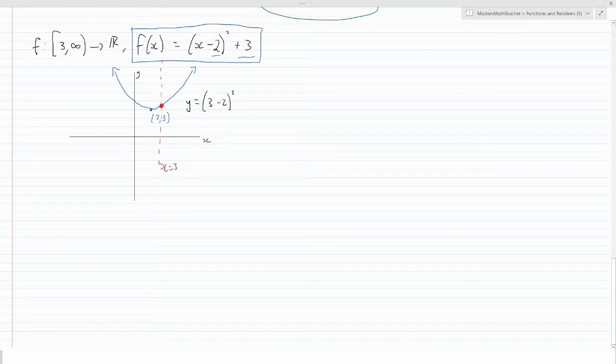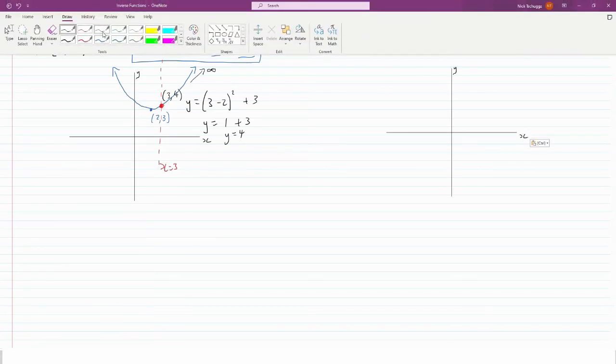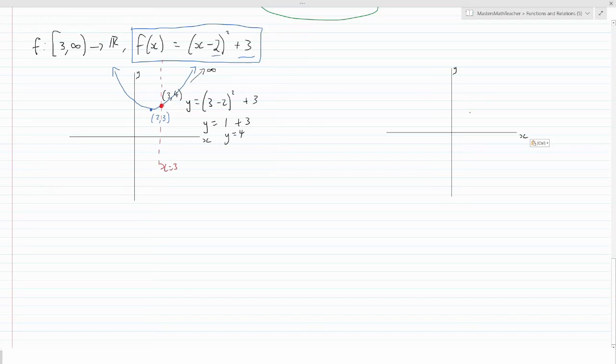So we're plugging in x equals 3 plus 3. Solve that out, we get 1 plus 3. So y equals 4. So this point here is 3, 4. And now it goes all the way to infinity. Alright, so if I grab a new graph out, so I can fully sketch this, our starting point is at 3, 4.